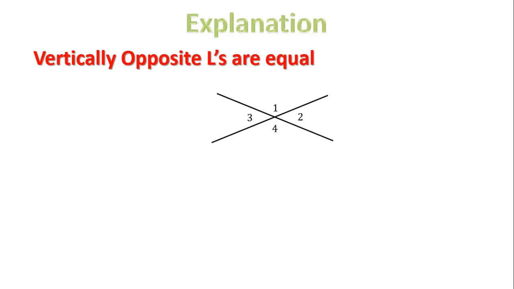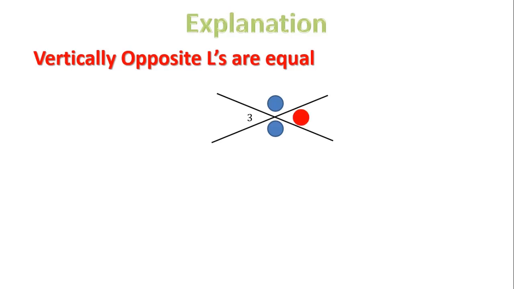Now, vertically opposite angles. Let's look at our angle over there. It's in blue. What we want to ask is what is directly opposite this angle. Not sort of opposite, but directly opposite. Can you see that angle 1, which is now a blue circle, is vertically opposite?